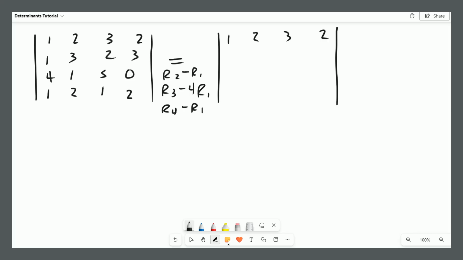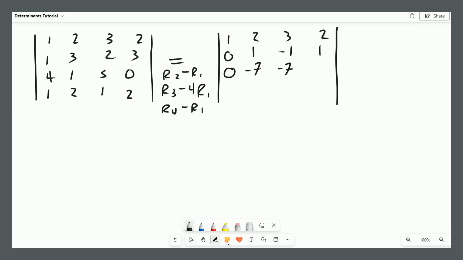So 1 minus 1 is 0. 3 minus 2 is 1. 2 minus 3 is -1, and 3 minus 2 again is 1. 4 minus 4 is 0. 1 minus 8 is -7. 5 minus 12 is -7 again.